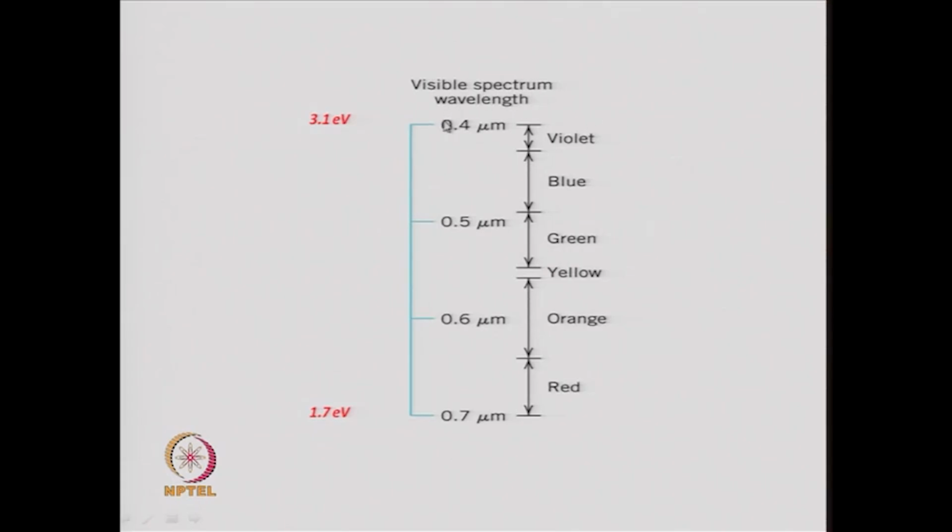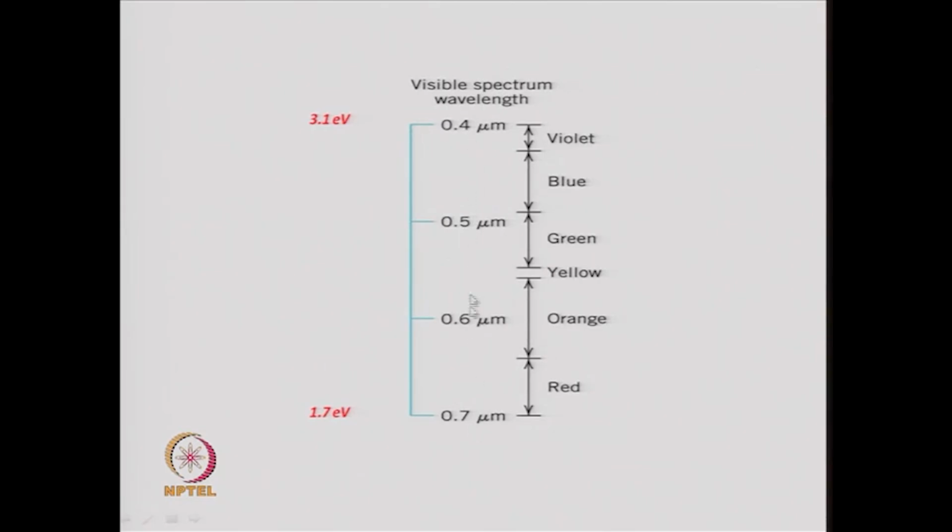In the visible region, if the light varies from say 0.4 micron wavelength of radiation, then it shows something like a violet color. If it is a higher wavelength, say 0.5 micron or lower energy, this scale shows energy from 3.1 electron volt to 1.7 electron volt, which is the visible range of frequencies or energies, and this scale, 0.4 micron to 0.7 micron, shows you the colors of the visible region.